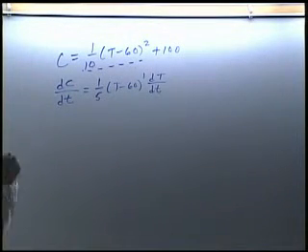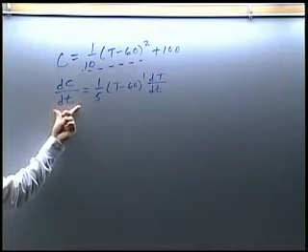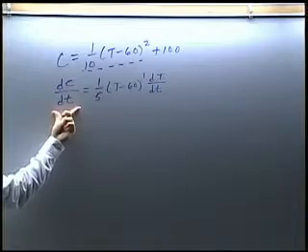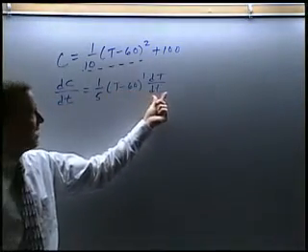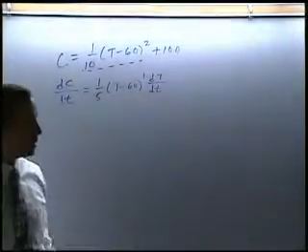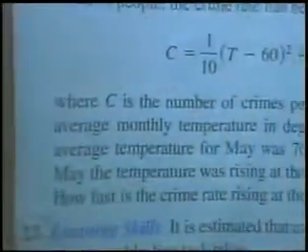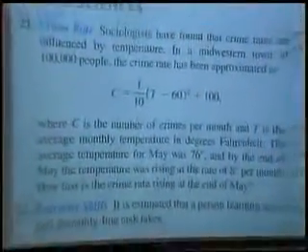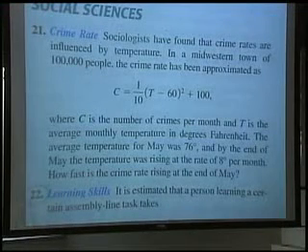Now, the only things we have to sub in. The question was, how does the crime rate change? So this will be the thing we're trying to solve for. We need to have a value for temperature, and we need to have a value for how the temperature is changing. Okay? And as we look back at the information over here, what's the temperature that they care about? 76 degrees. Okay? So we'll sub in 76 for the temperature value.